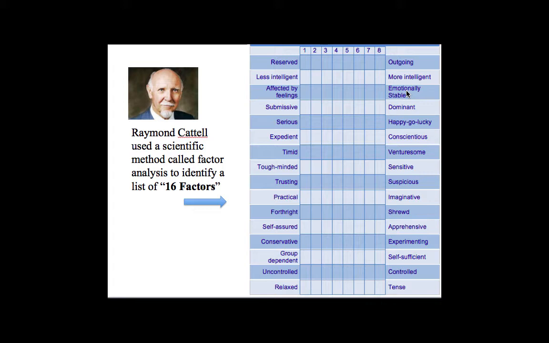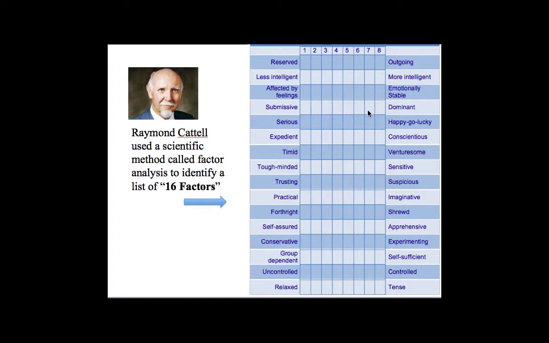And you can see that because we're neuroplastic, we can move to some extent over the scale. So if, let's say, we're in a hyperreactive state, we can train ourselves to become more emotionally stable. So we can shift over here. We may not make it over here, but we can shift from, say, over here to over here. So we all have a range of potentialities on these.